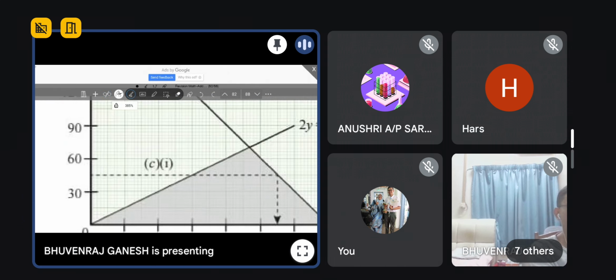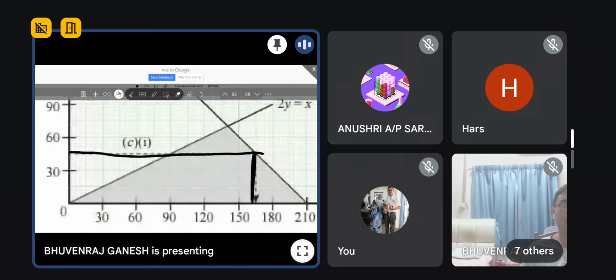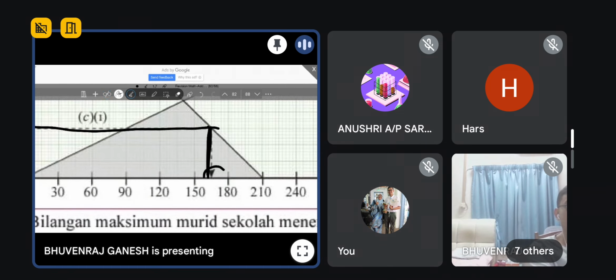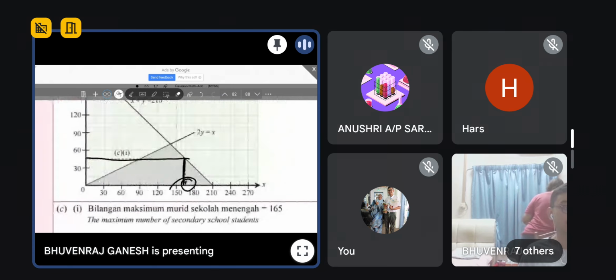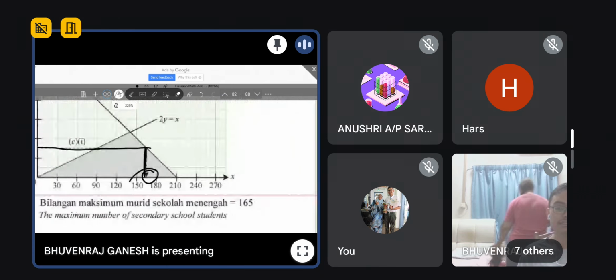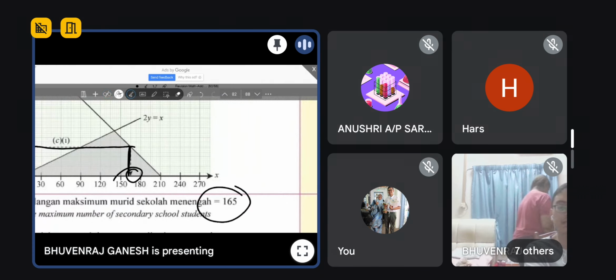Y sama dengan 45. So you have to draw a line. Maximum means the most right, paling kanan punya nilai. So that's why you will get this answer. So if you read from the graph, the answer you will get is 165. Understand?